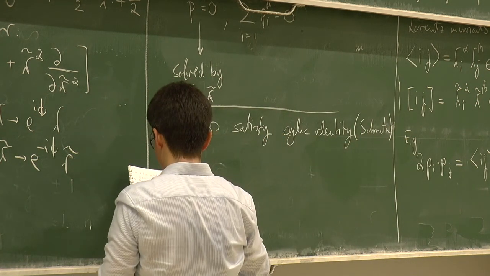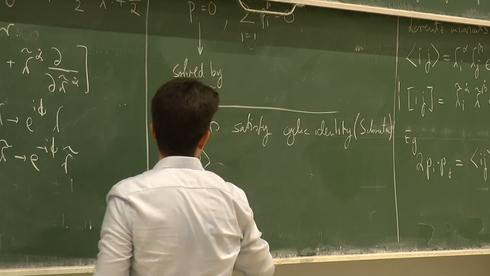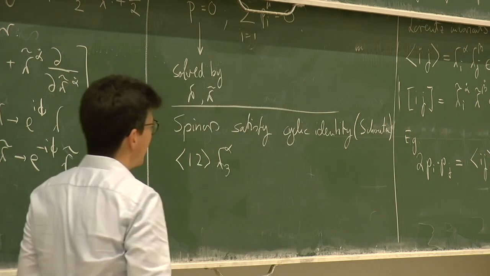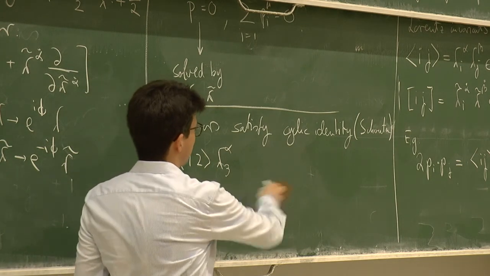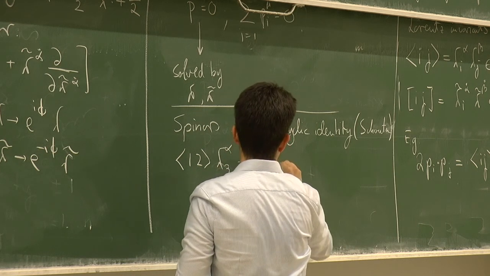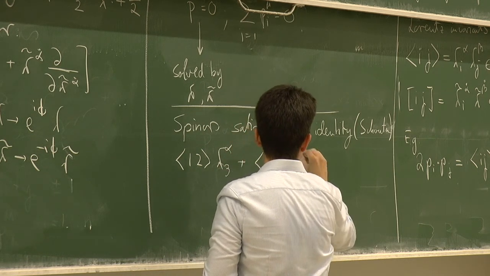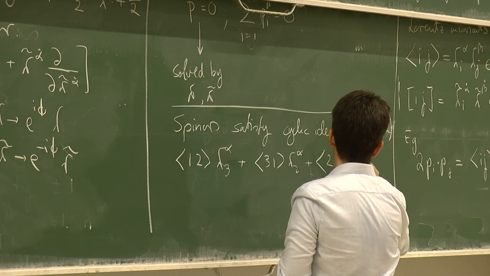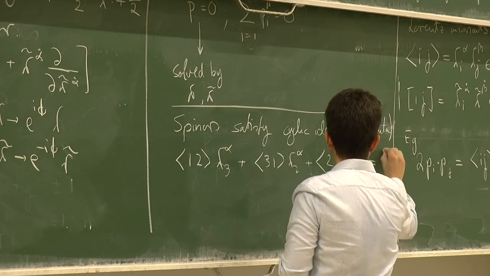It's very easy to remember because you just need to write angle bracket 1, 2, lambda 3, and then to get the rest, you just cycle around the indices. So 3, 1, lambda 2, plus 2, 3, lambda 1 is equal to 0.